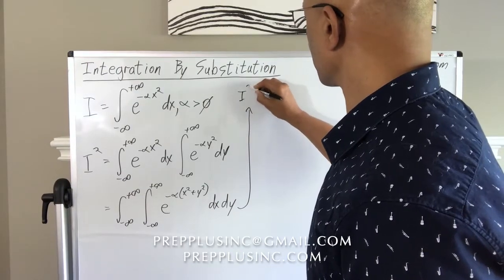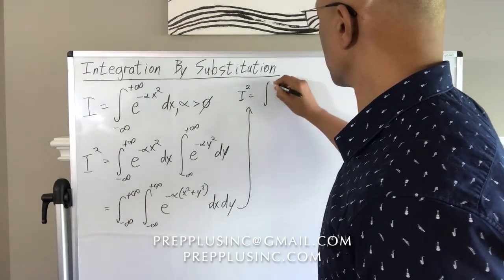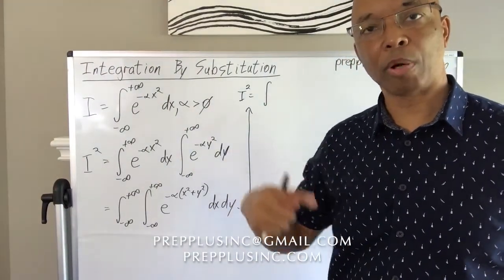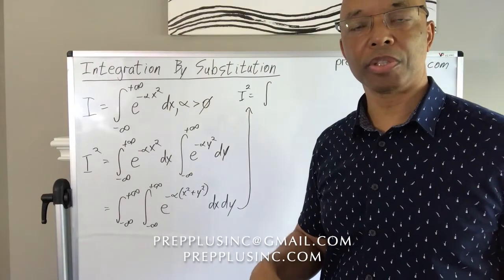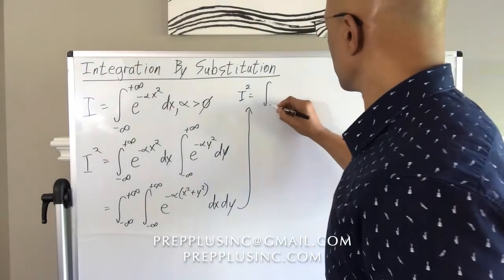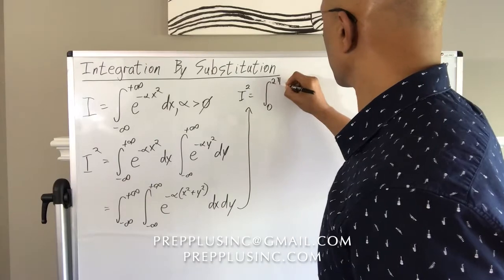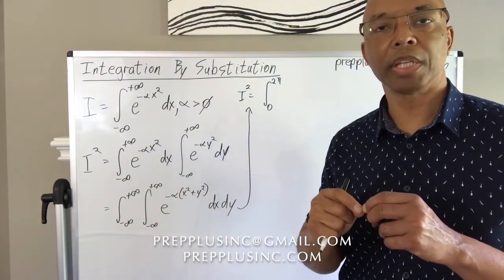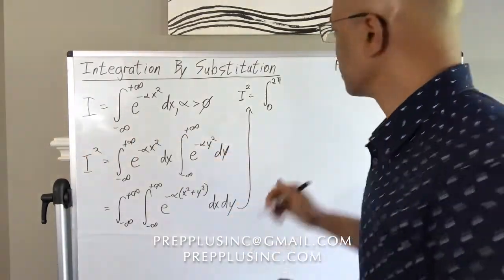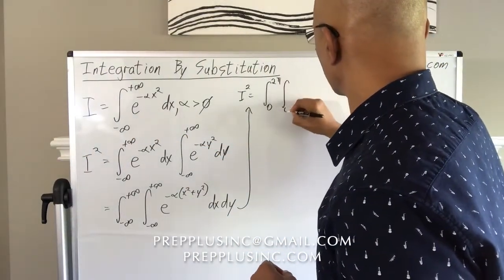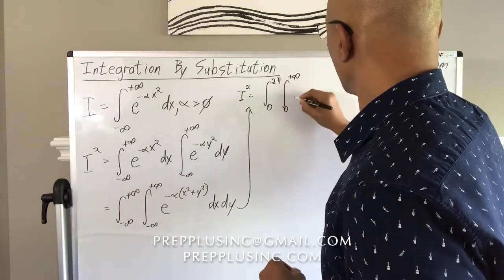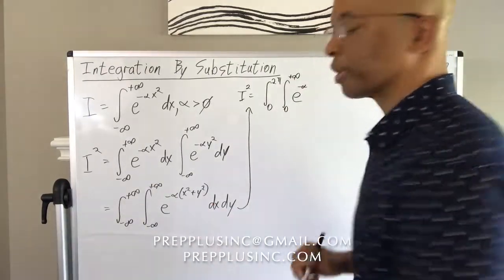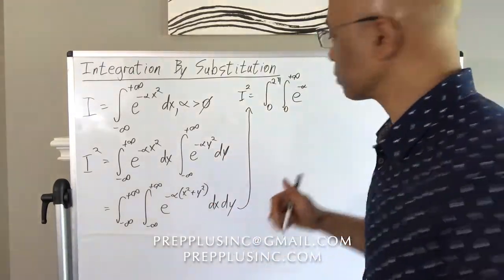I squared is, now the entire range of the polar angle phi is 0 to 2 pi radians, and the entire domain of the radius is 0 to infinity, of e to the minus alpha rho squared, since x squared plus y squared is the radius squared.